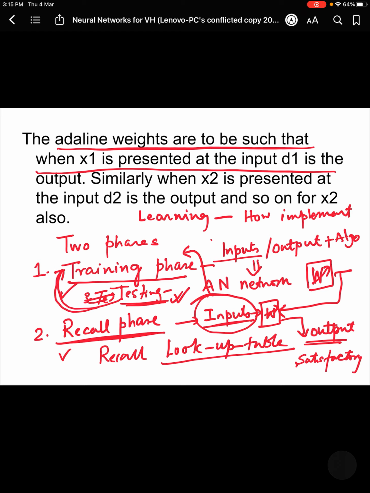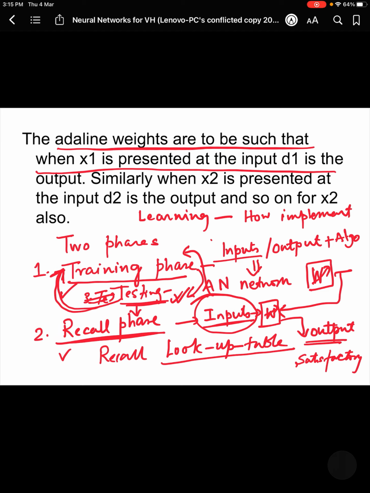If performance is not good, it goes back to training and testing again, and once it passes these two, training and testing, it can be used in the recall phase or the use phase. So that is how the overall working of a neural network can be put.